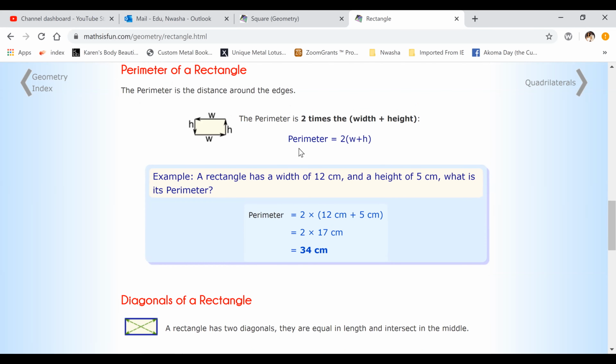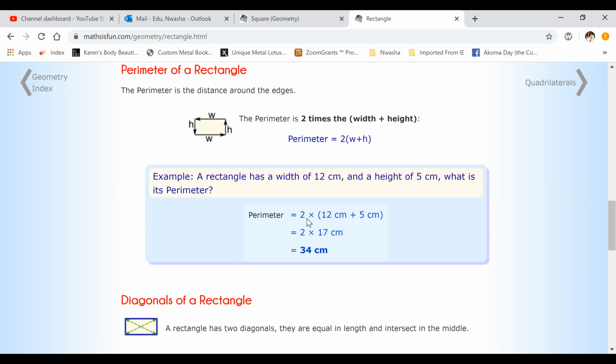So the perimeter formula: perimeter equals 2 times the width plus the height. So what they're saying is if you know one width and one height, you have to double it for the other sides of the rectangle. So in this case, a rectangle has a width of 12 centimeters and a height of 5 centimeters. What is its perimeter? So again, you start with this formula and then you replace the information that you know.